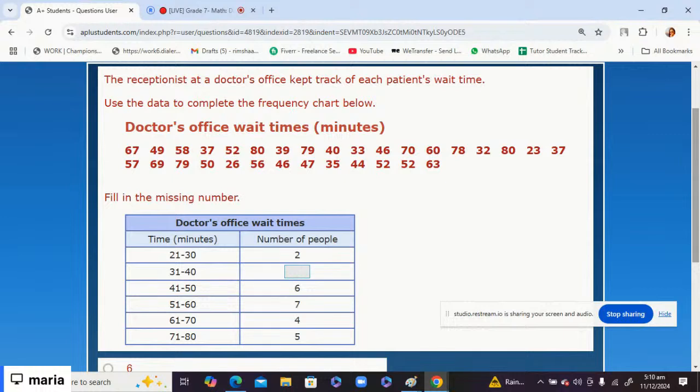21 to 30, in between of it we already checked, these are two. Now 31 to 40 we are checking. It's 37, then 39, then 33, then 32, then 37 again, then 35.